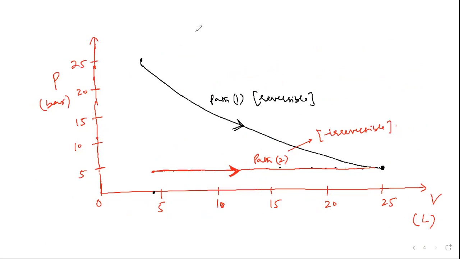Let me use some other color. It's 11 bar. I'm here. So I have 11 bar pressure until my volume is 10.2 liter. Remember the intermediate volume, approximately here. So it is up to this point. So this is my first step in path 3.